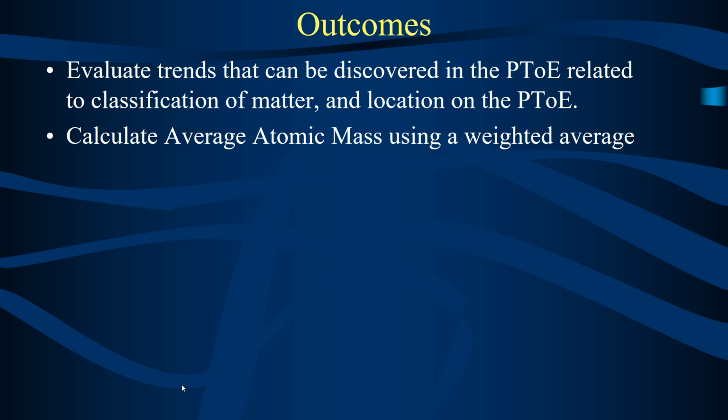That's going to be the same type of calculation we're doing. It's not a type of calculation you haven't seen before. It's just using atomic masses and isotopes rather than grades and things like that.